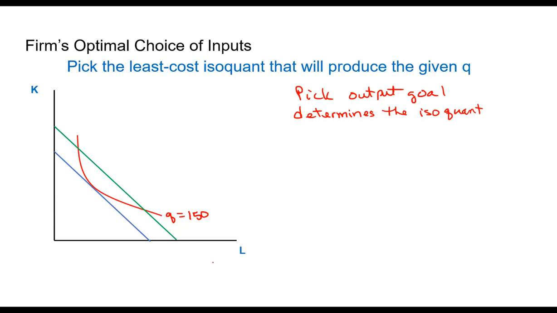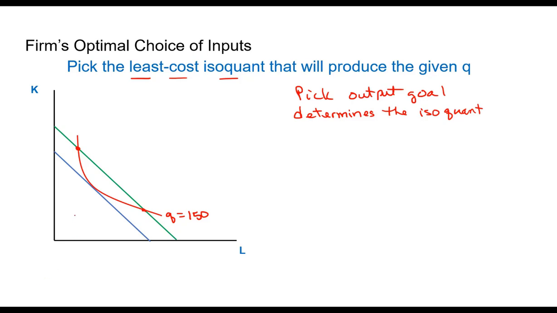The firm is now going to look for the least cost isoquant that they can get to produce that output. So if we look at the green isocost line here, we see that we can produce this quantity of output using this combination of capital and labor or this combination of capital and labor.